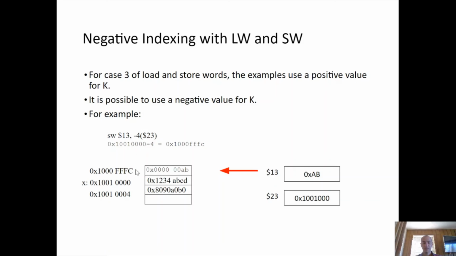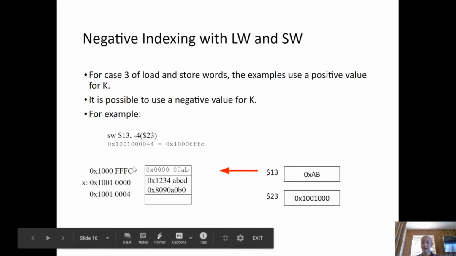If the content was this location, as in previous slides, it's pointing to this. If there is a -4, we take that number and subtract 4, or you just go one back, kind of like an array. So we're going to get to this location.